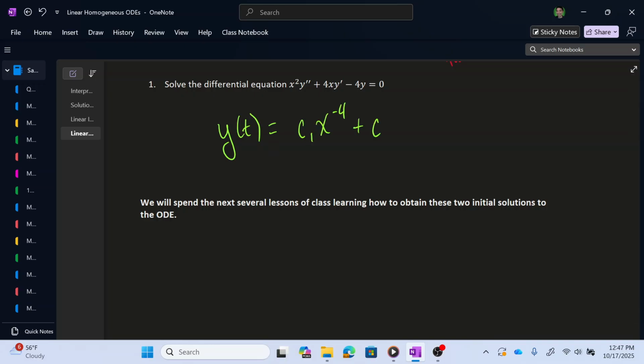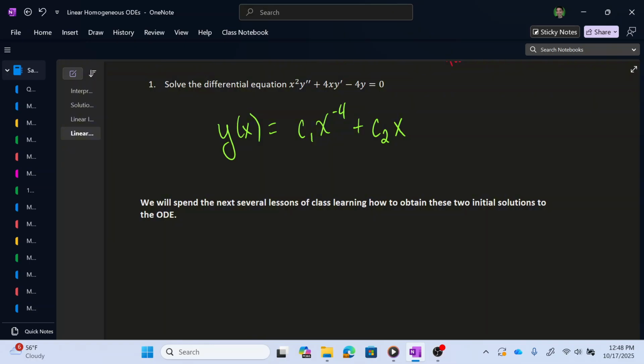So every other solution must have the format some number times x to the minus 4 plus some other number times x. Every other solution to this equation is a linear combination of these first 2 solutions that were provided to us.